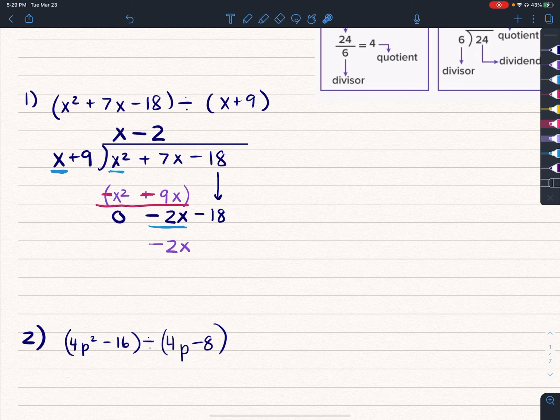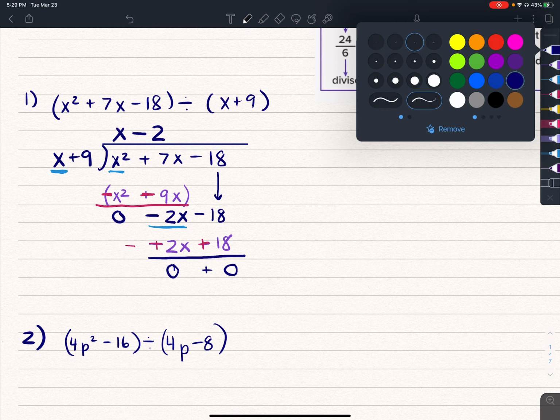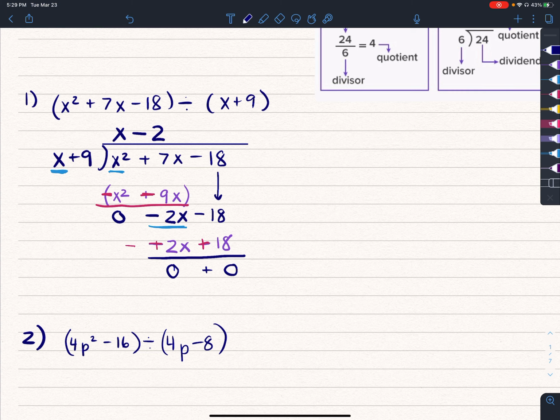And minus 2 times positive 9, we get minus 18. Now we see that these are exactly the same. When we apply our negative, these will all turn to positives, and we get 0 and 0. So the quotient here, our answer, is this up here, x minus 2.